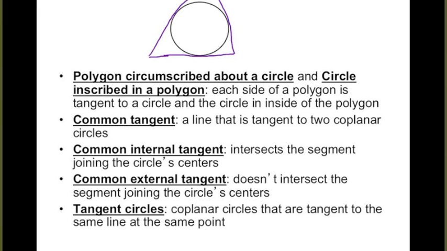That triangle would be circumscribed because the triangle is outside. The circle is inscribed because the circle is inside. When a circle is inscribed in a polygon, does the circle have to touch all sides of the polygon? Yes. And it has to be tangent to all sides of the polygon.